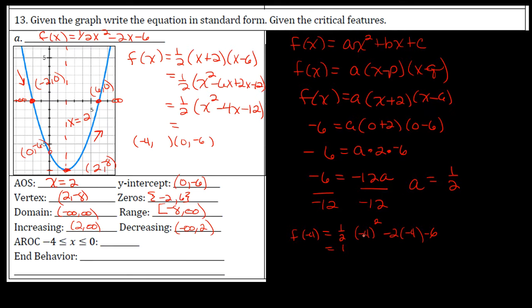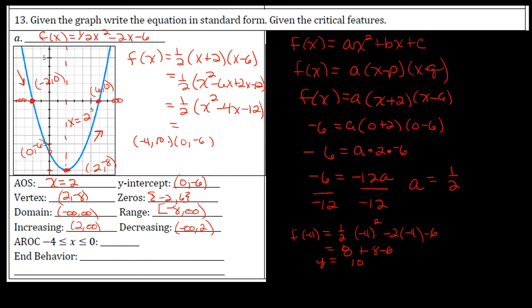Negative 4 squared is 16, and 16 times 1/2 gives me 8, plus 8 minus 6. 8 plus 8 is 16, and 16 minus 6 is 10. So when x is negative 4, y is 10.